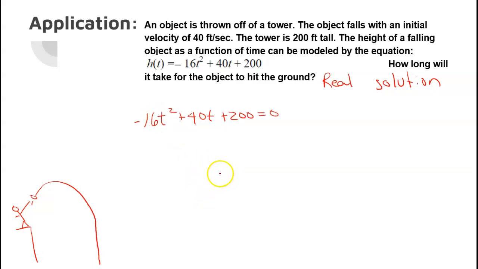Now I could factor this, or I could use a graphing calculator or graphing, but we're going to solve using our new favorite quadratic formula. So our quadratic formula is going to be t is equal to -b plus or minus the square root of b squared minus 4ac all over 2a. And our a is -16, our b is 40, and our c is 200.